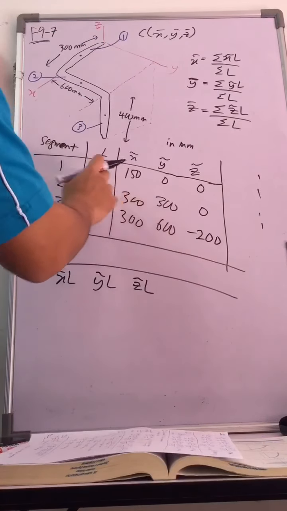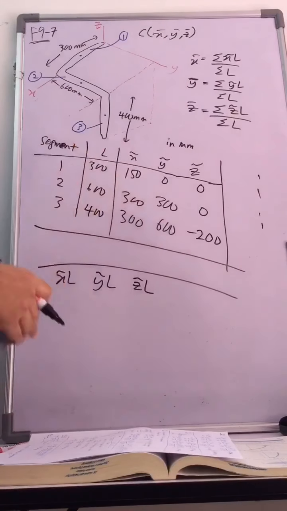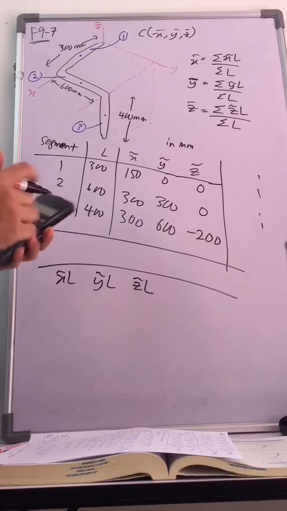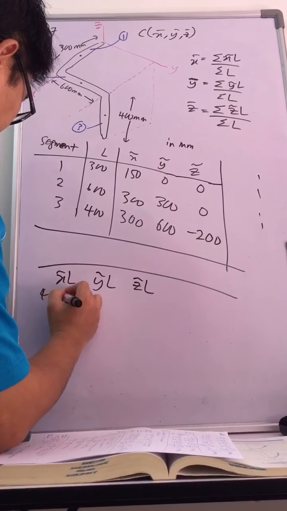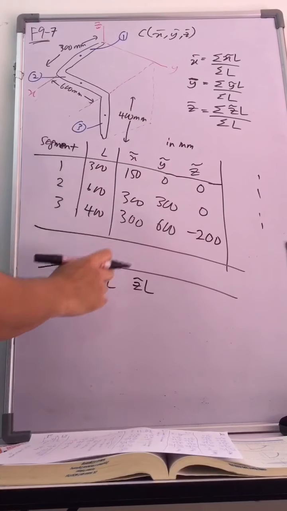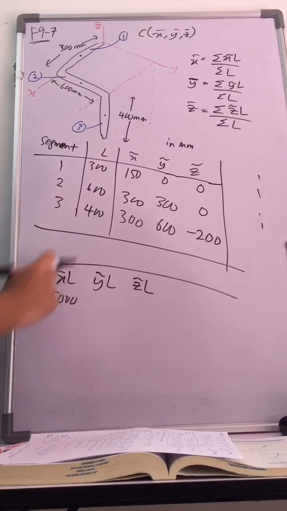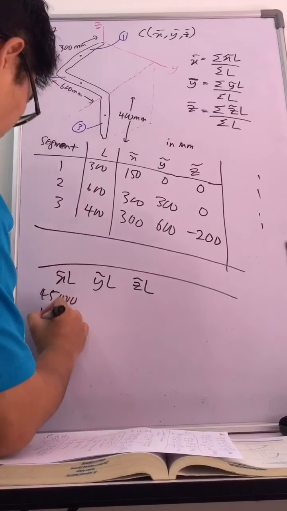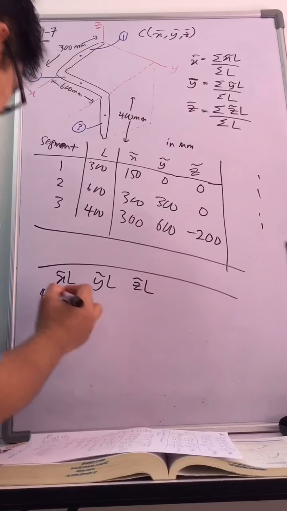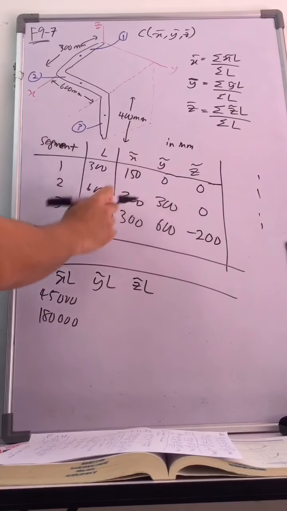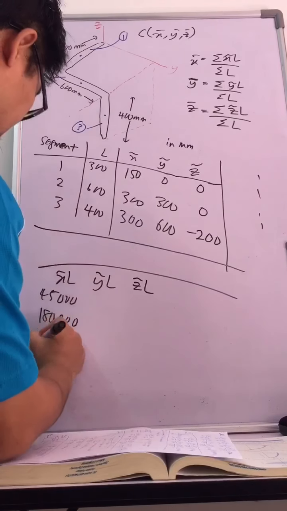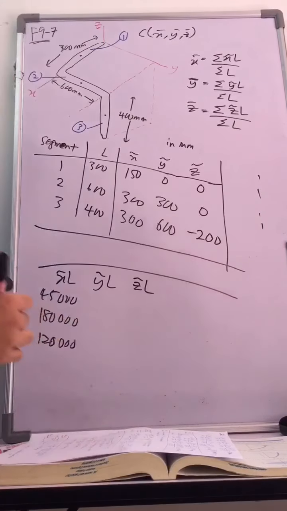So x tilde L, 150 times 300, it is 45,000. Okay, x tilde L for number 2, 300 times 600, so it is 180,000. And then x tilde L for number 3, it is 300 times 400. It is how much? 120,000. It's okay.